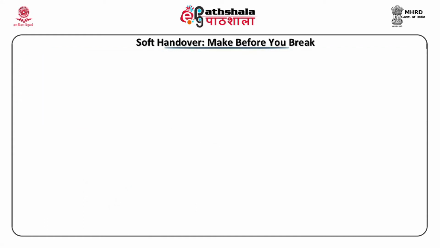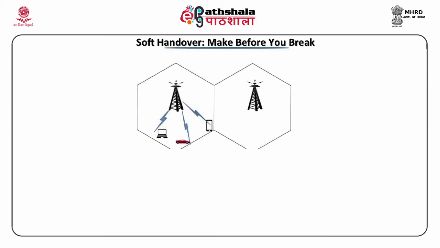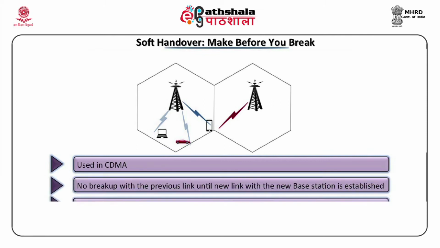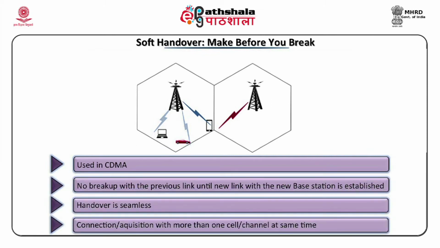The other category of handover is soft handovers, in which the mobile device gets hold of both the channels in the neighboring cells at the same time, and hence the transition or the handover is seamless or smooth. That is, there is no need to break the connection with the old base station and then reconnect to the new base station.